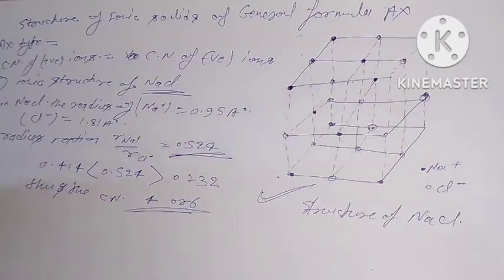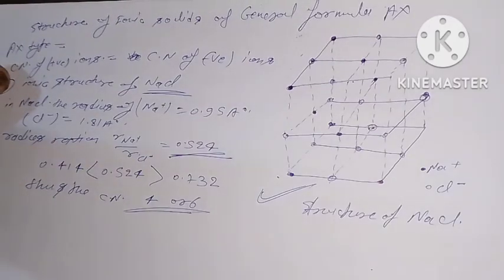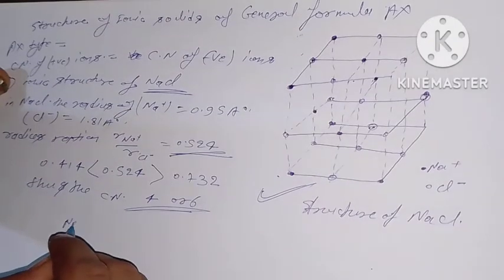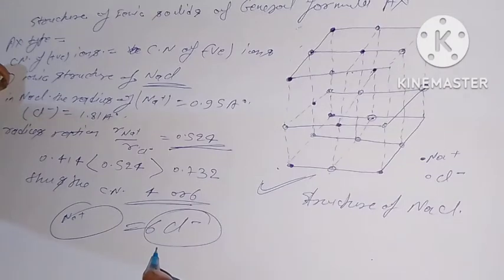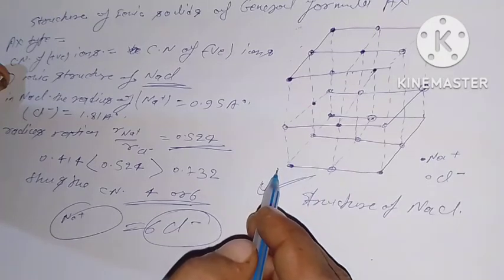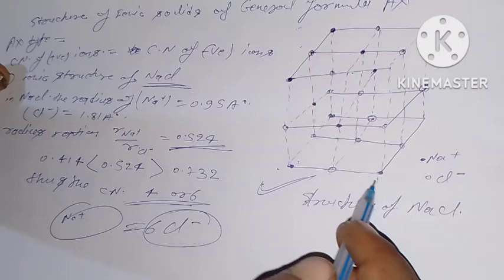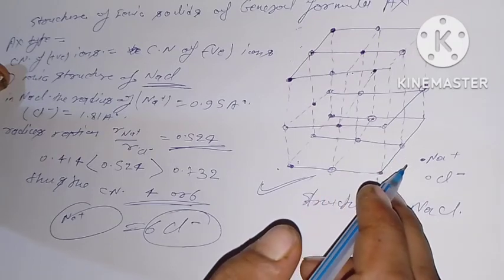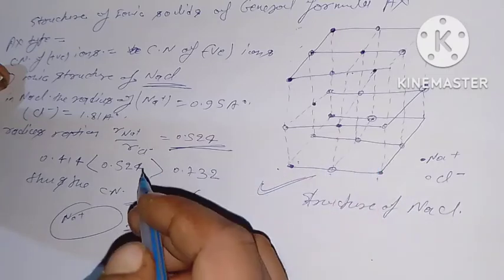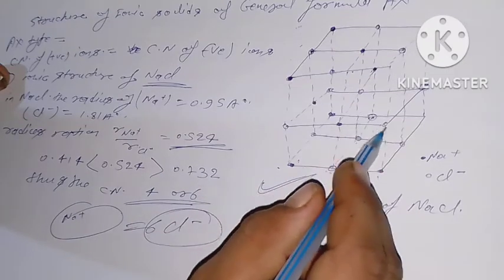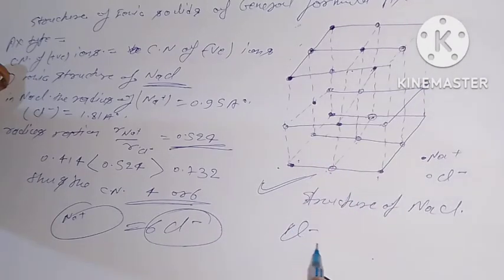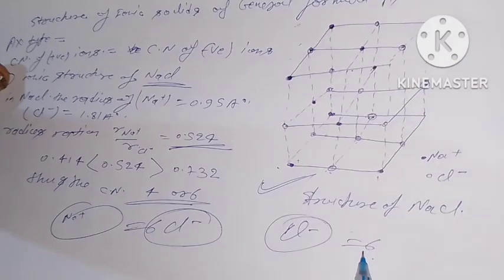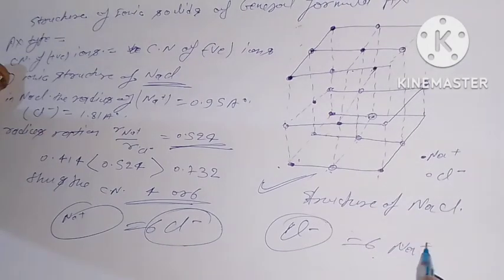Each sodium ion is surrounded by 6 chlorine ions at the corners of a regular octahedron, and similarly each chlorine ion is surrounded by 6 sodium ions.